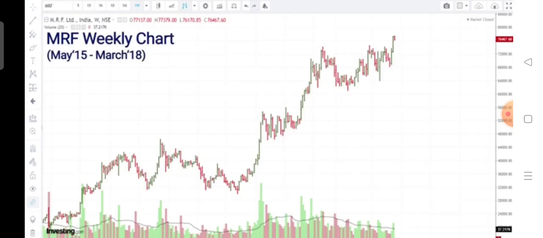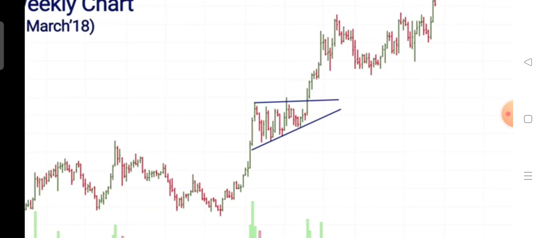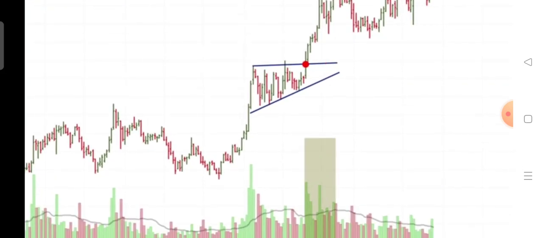Another example is the MRF chart. This is the weekly chart, and as we can see, when the breakout happened, the volume increased quite a bit, and we can see the beautiful up move MRF had after the breakout from the ascending triangle.